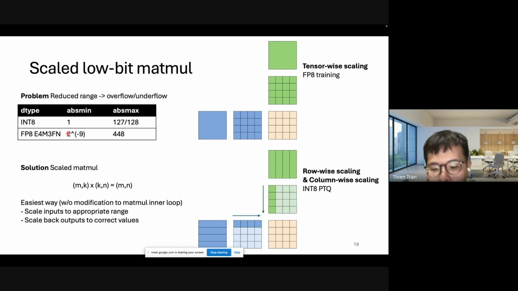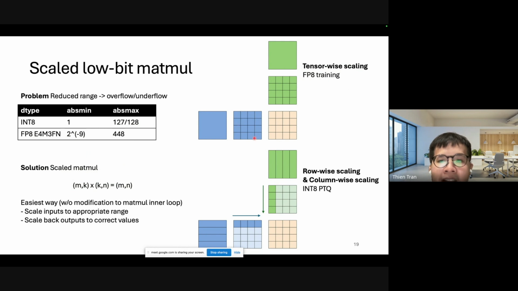So the solution for this, in general, we call scaled matrix multiplication. You factor out the scale in the activation matrix, you factor out the scale in the weight matrix, you do matrix multiplication in low precision, and then you add the scale back. To illustrate, for example, we have tensor-wise scaling. This was one of the first FP8 training recipes.